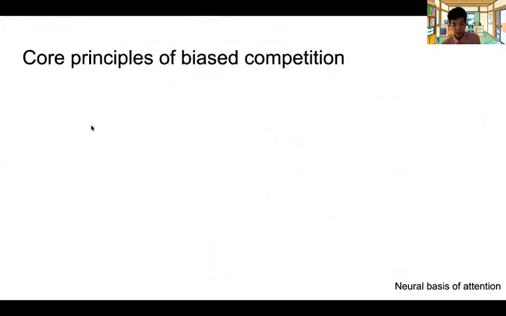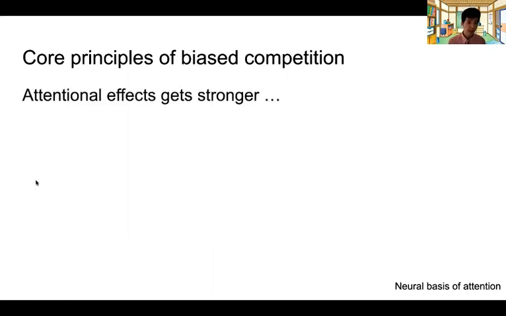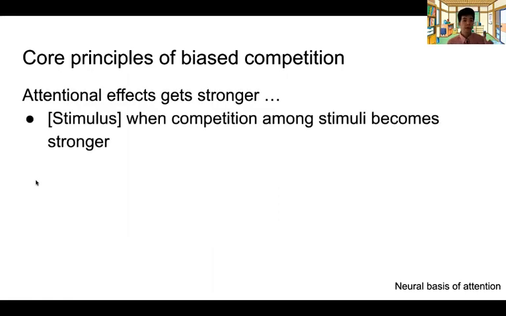Okay, so just to summarize the neural basis of attention so far, the core principles of the biased competition model of attention are, first, that the attentional effect gets stronger when the stimulus itself induces a lot of competition. Unless there is a stimulus, you can't operate this inhibitory mechanism between the neurons.